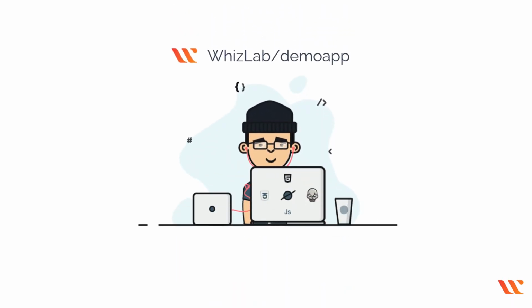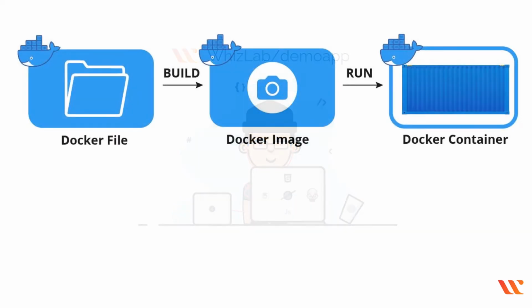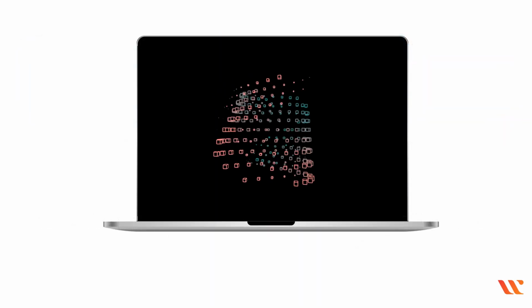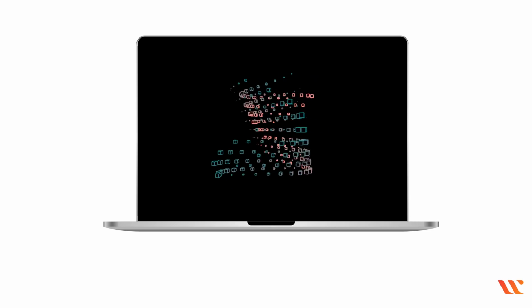You can also include version numbers separated by a colon if you desire. Add a path to your Dockerfile. Once this is done, it will generate an image that you can execute. You can use the image as a base image for creating new images, or you can use it to run containers.